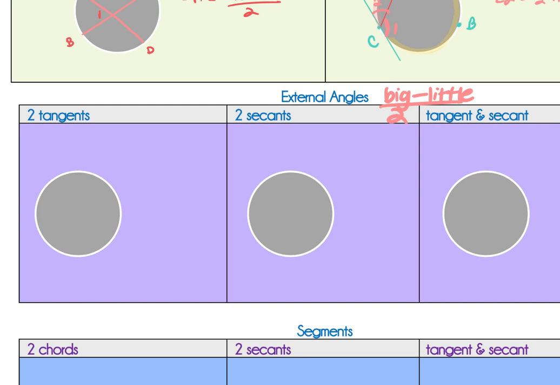So if it's 2 tangents, let's say A, B, C, and this would be your angle 1. Angle 1 would equal arc ABC minus arc AC divided by 2. So big arc minus little arc divided by 2.